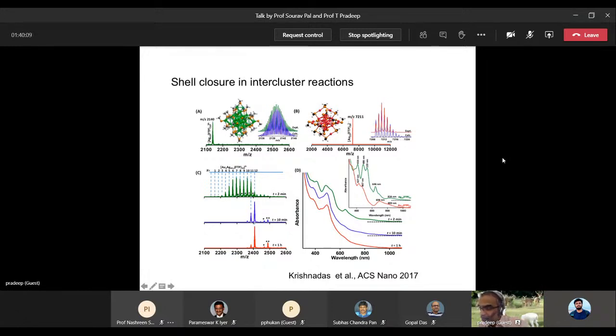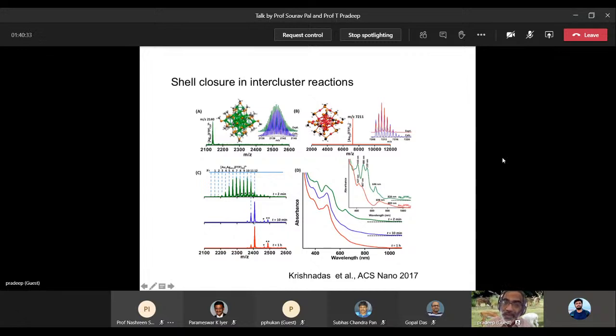But later on, what happens is that here you have the 12, and after some time, only one particular position remains. The kind of system that you get at the end is one in which 12 atoms of this particular Ag44 have been substituted with gold.